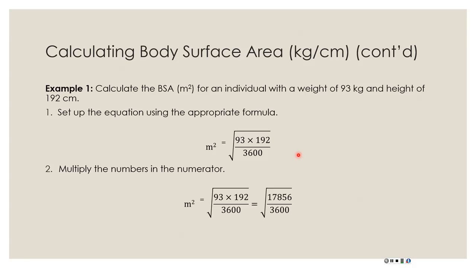So then what we need to do is go ahead and multiply those numbers. So you would just simply take 93 times 192. That gives you 17,856, and then that would be over 3,600. This 3,600 is always the denominator you use when you're multiplying kilograms and centimeters.